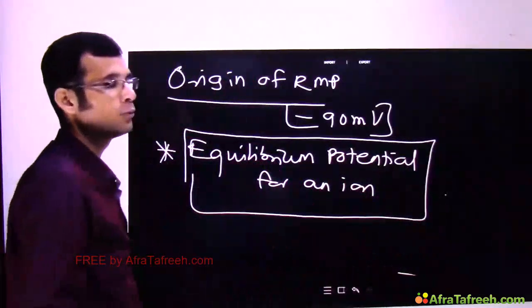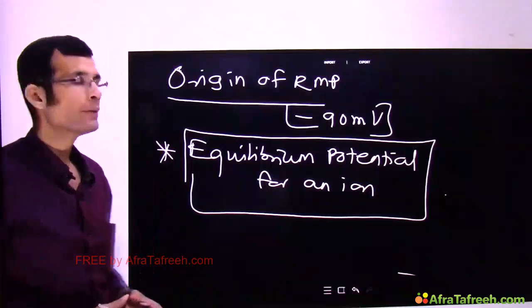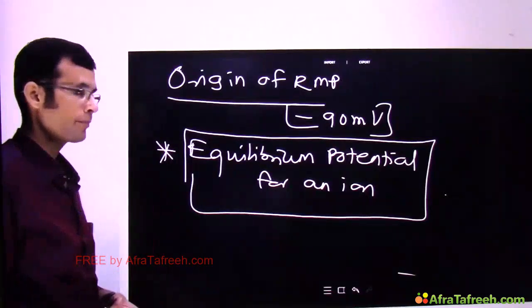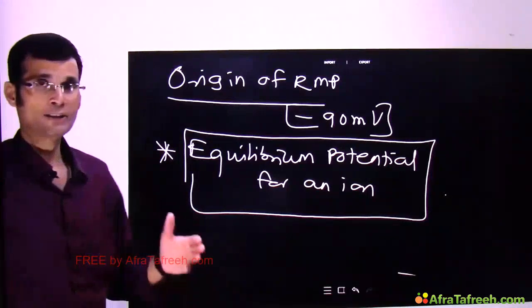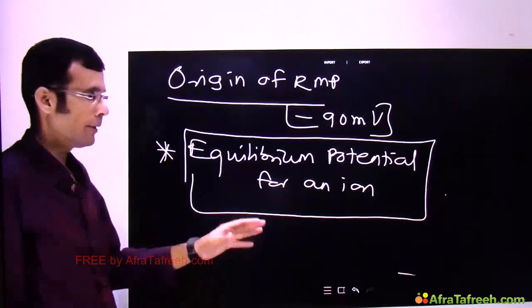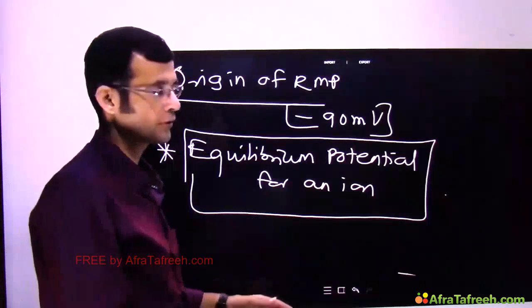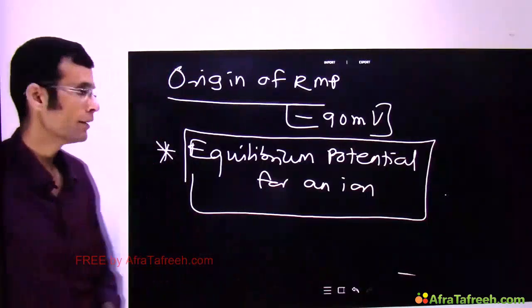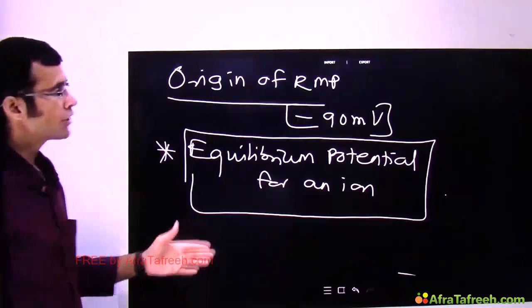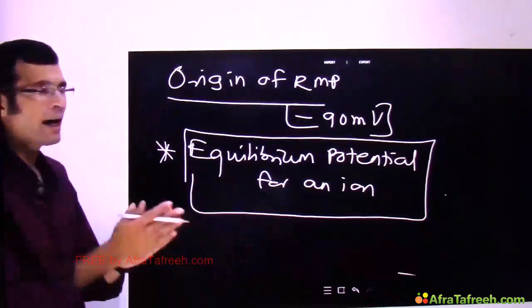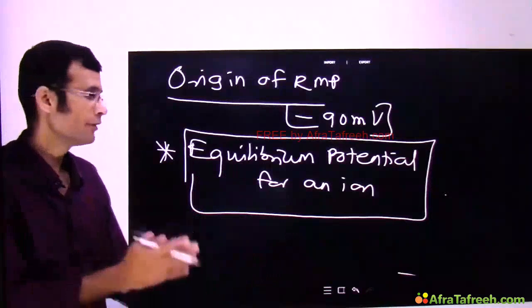There were a few MCQs which have been asked in the recent past. For example, equilibrium potential for which ion is closest to the RMP of the muscle? The options are sodium, potassium, calcium, chloride. Or equilibrium potential for which ion is closest to the RMP of the nerve?